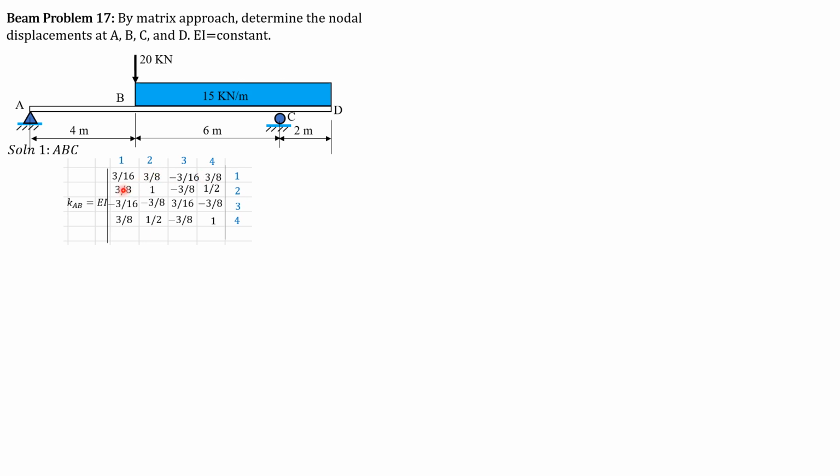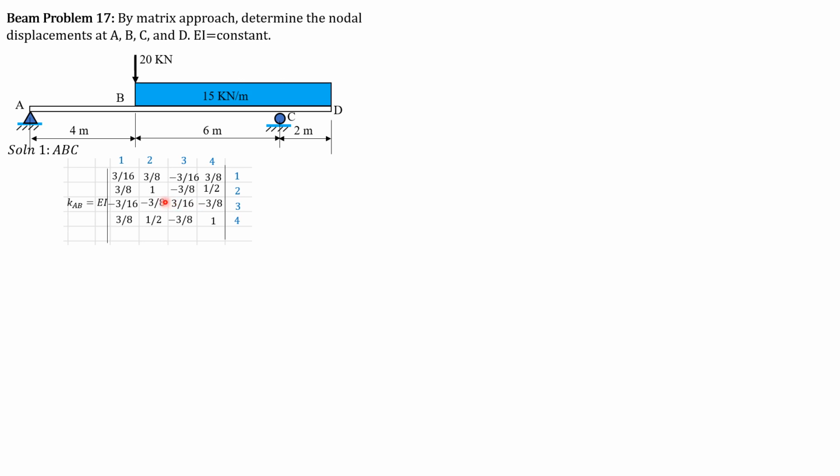Then this is 6 EI over L square, 4 EI over L, then the negative of that cell, then 1/2 or 2 EI over L, then the negative of row 1. Row 2 has 1 and 1/2 in interchanged positions. So remember that.